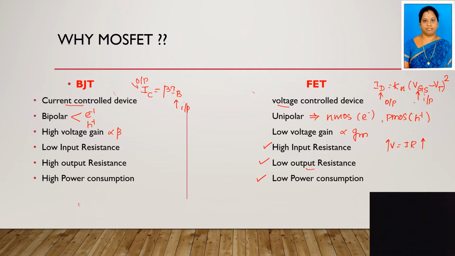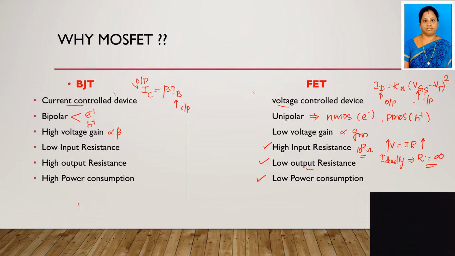In the case of MOSFET, the high input resistance is approximately 10^12 ohms. It's a very high resistance. Ideally, we can call it infinite input resistance. This is the biggest quality of MOSFET.